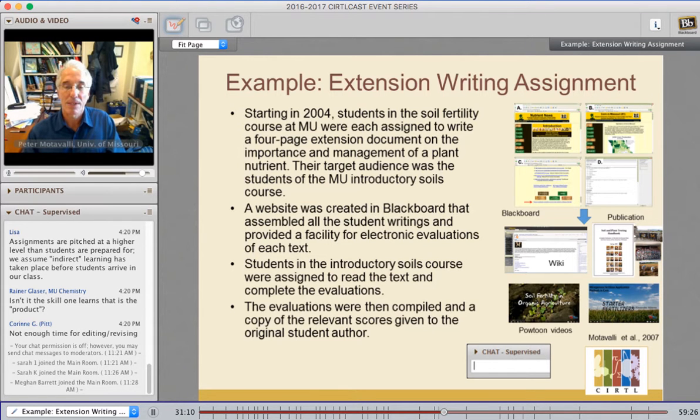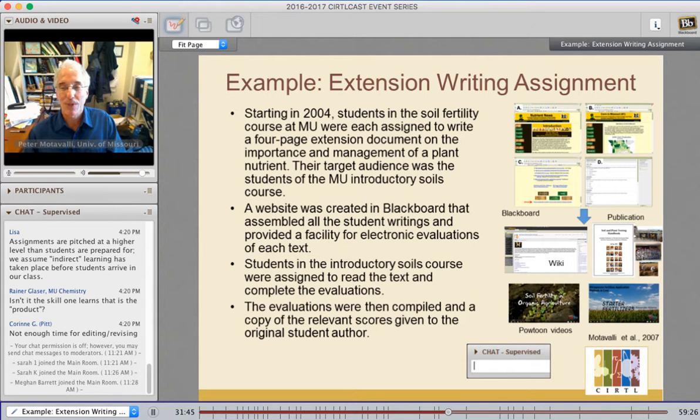And what was very interesting in the evaluations I did, both of the introductory soil students and the students in my upper level class, was that many of them were a little bit apprehensive about exposing their writing to the introductory soil students. And also, many of them were quite interested in informal communications between the introductory and the upper level class and vice versa.